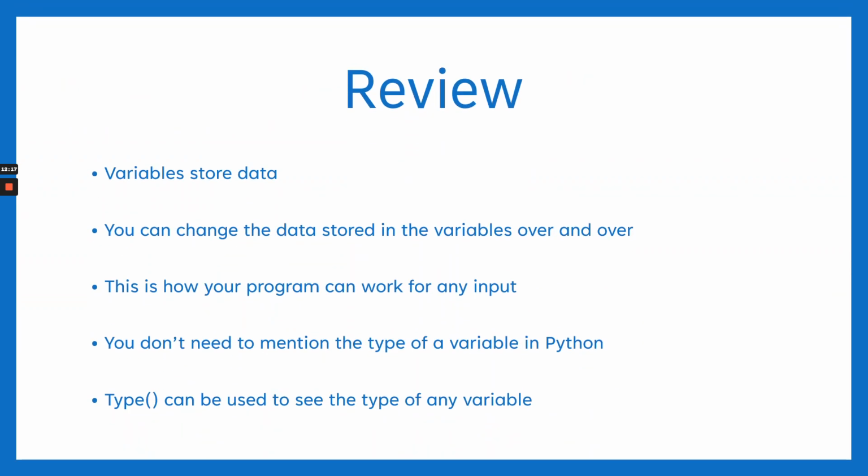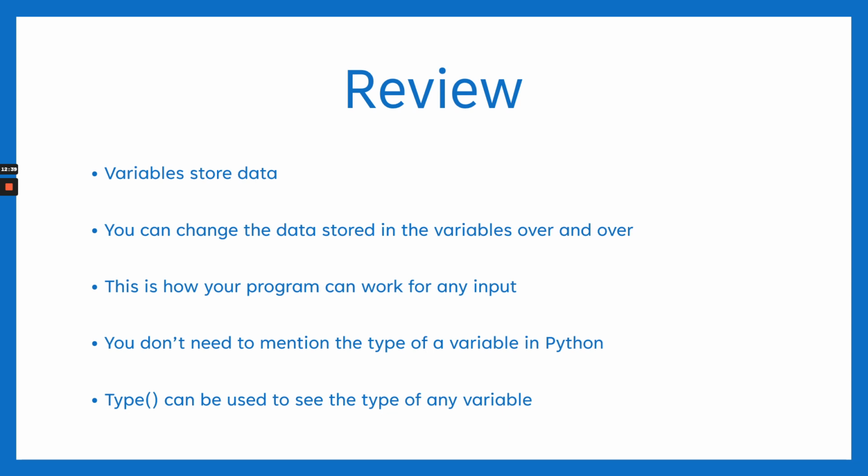Okay, so let's review. We spoke about, what are variables? They're containers for data. Memory is your cargo ship. All the data belongs in containers. You have a container and you can change the value in the container over and over. When you write code, you don't write code directly to work on the data. You write code to work on the variables.